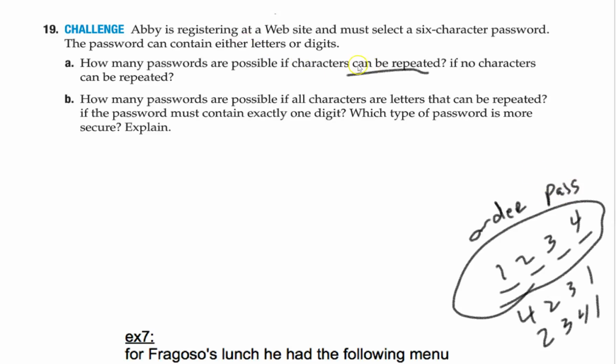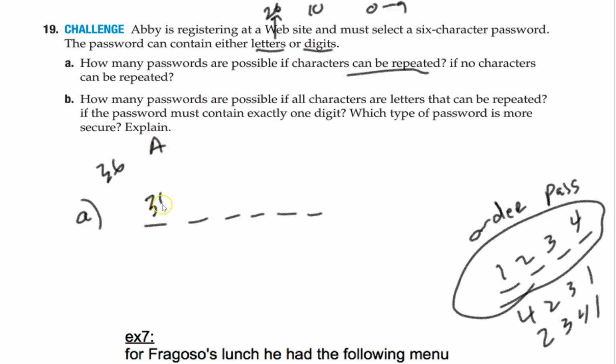So if no characters can be repeated, what does that mean? Let's say we have letters and digits. There's 26 letters in the alphabet, and there's 10 digits, right? 0 through 9. So right now I have 36 total. So for A, we have a 6 character password. Nothing can be repeated. So when my first character is, let's say, A, I had 36 total possibilities.